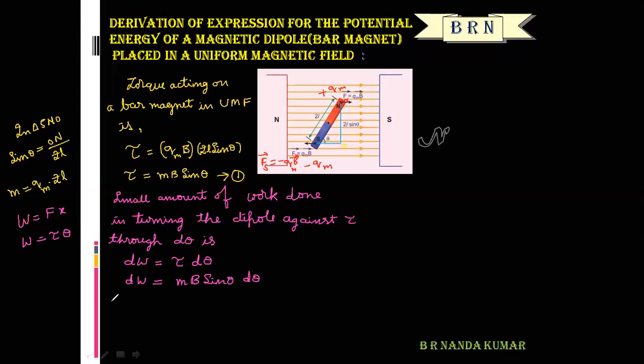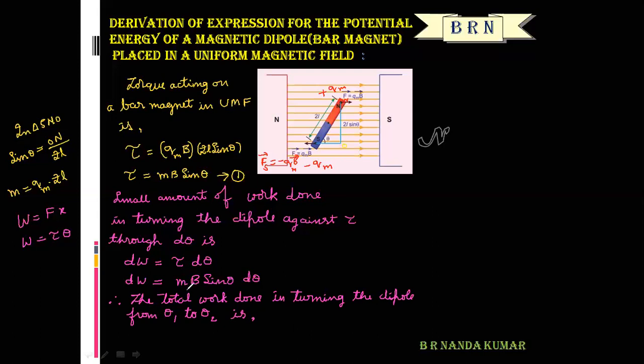So therefore the total work done in turning or rotating the dipole from the initial angle theta 1 to theta 2 is.